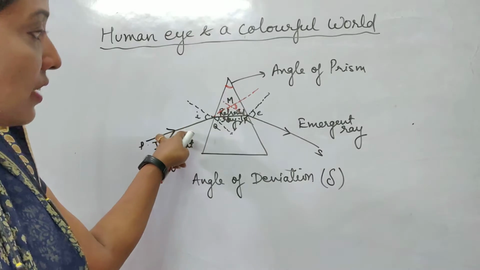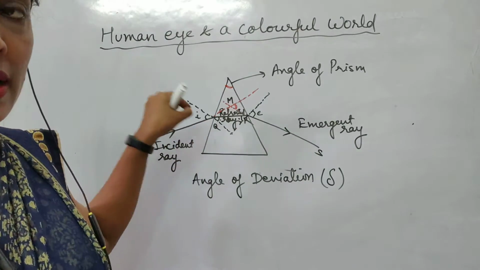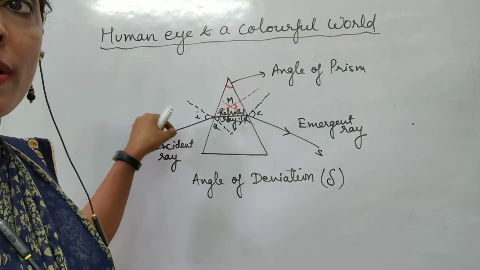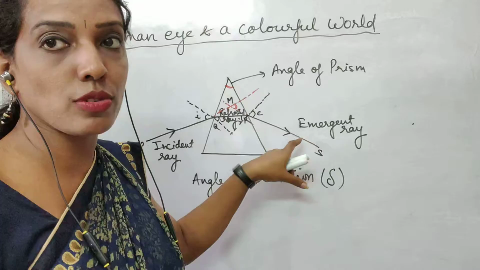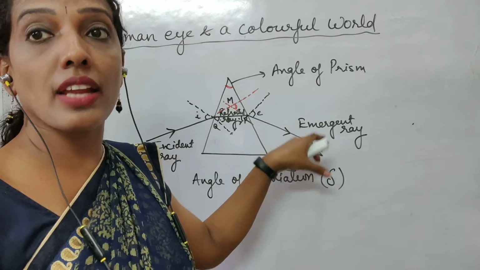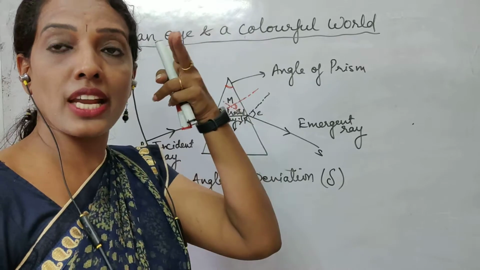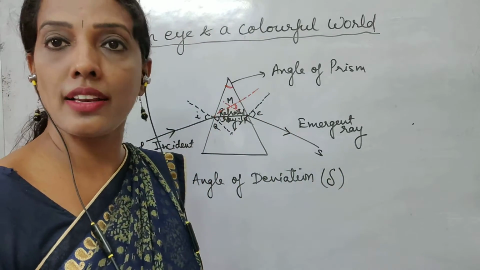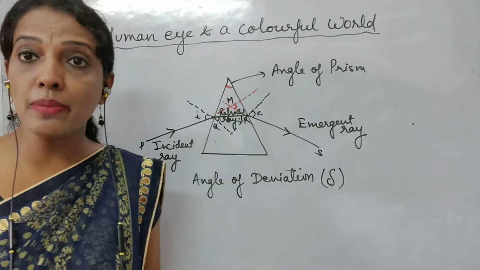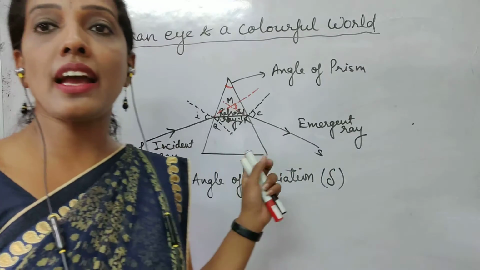In the experiment, you place all the pins on the paper sheet, and from the other side you see from where the ray is coming. The pins will be on a straight line, so there you place another pin.